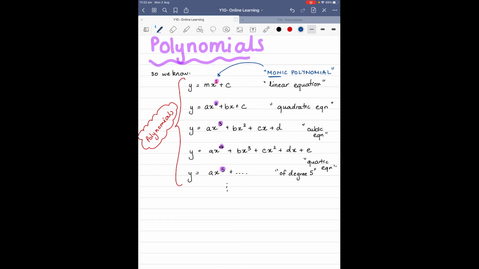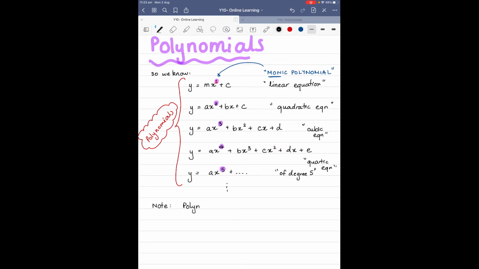Yeah? There's a few notes you need to know. What you know about all these powers here that you guys can see is that they are all positive powers. Every single one of these x has a positive power. So let's write that down.